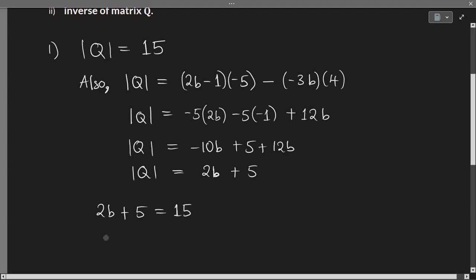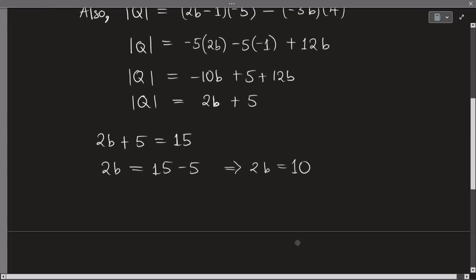With this algebraic expression, we can make 2b or b the subject of the formula. This 5 will go to the right hand side, meaning it will be 15 minus 5. And then we can continue and say 2b is equal to 10.